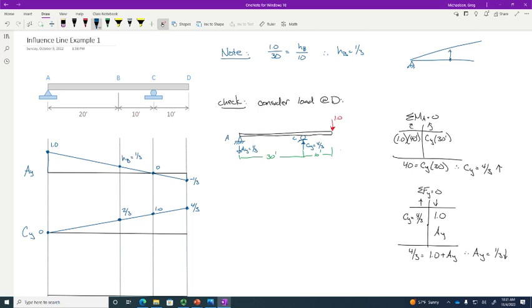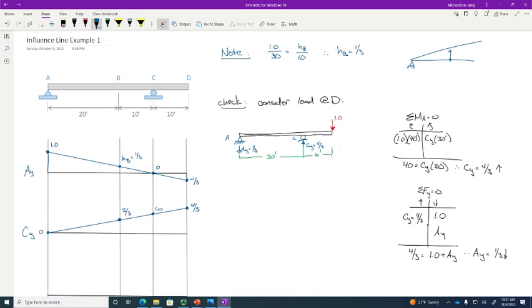But that's the cool thing. The influence line is telling you the reactions when the load is anywhere. Now we're going to get into specifics of applications a little bit later. But if you want a simple way of explaining it, let me ask you a question.